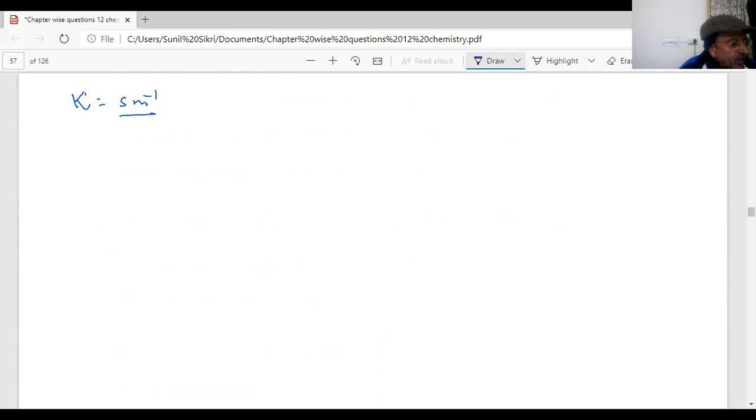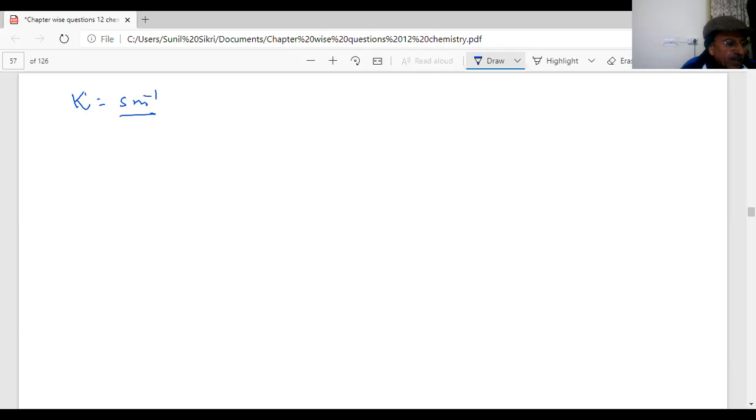Conductors have very high values, around 10 power 7 Siemens meter inverse. Insulators have very low values, 10 minus 16 Siemens meter inverse. Aqueous solutions may have around 10 minus 1 to 10 power 3 values. Semiconductors have values from 10 minus 6 to 10 power 4. These values are given in the book, students.